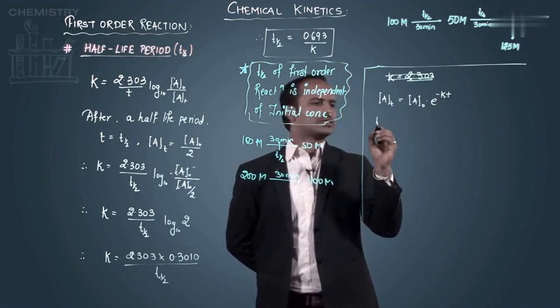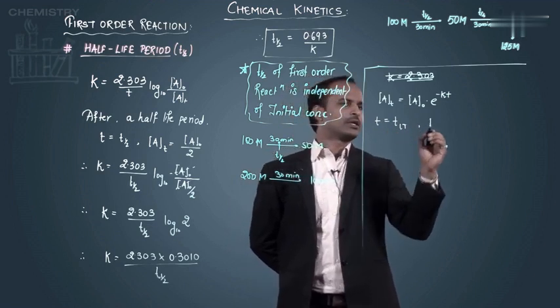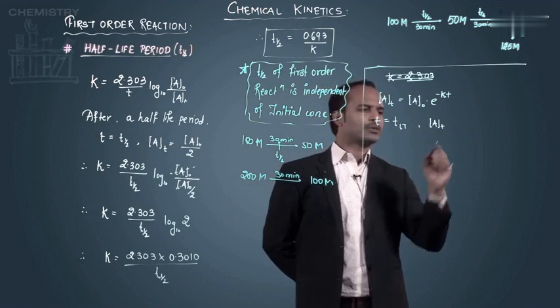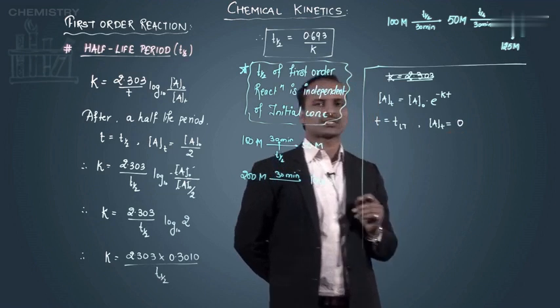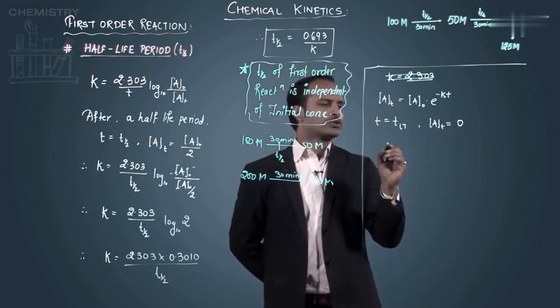Now, if the time t is equal to the total lifetime, that is LT, then At will be equal to 0. Total lifetime means all the reactant has been consumed, so the reaction is completed. That means no reactant is left, so At is equal to 0.